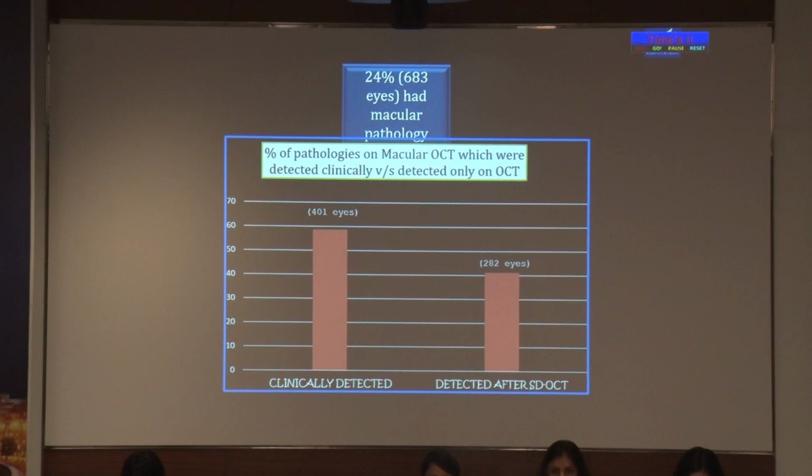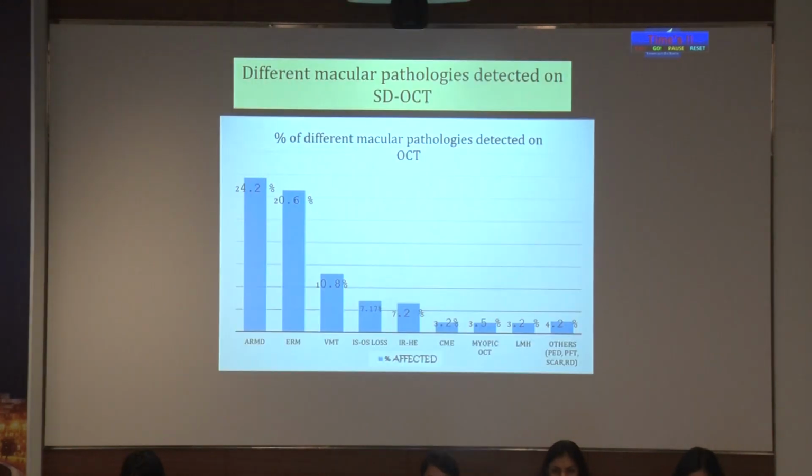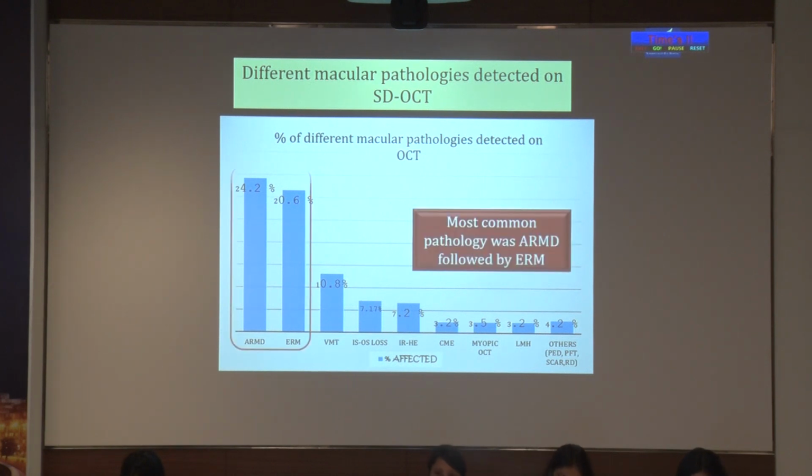So in about 400 eyes the pathology was picked up clinically, but a good 300 eyes required an OCT examination to actually pick up these macular lesions. The most common lesions picked up were AMD and ERM, followed by other interface disorders.